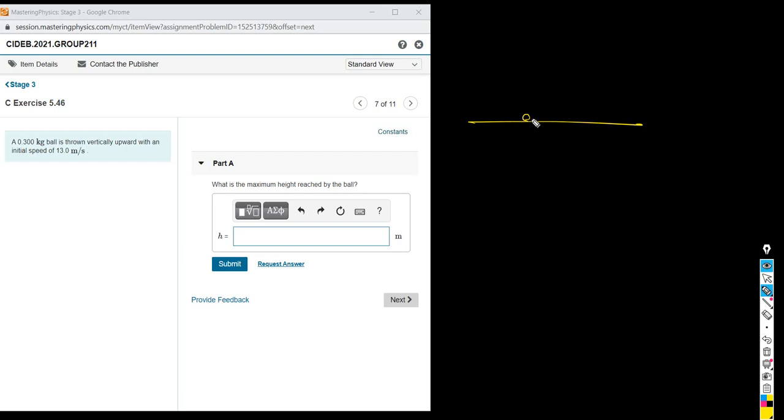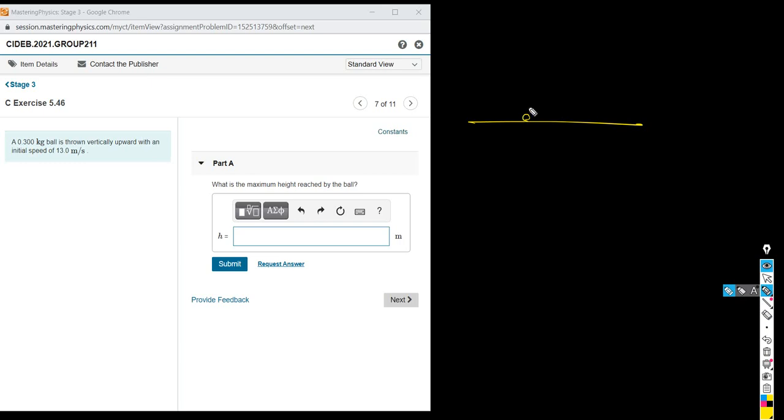Like the ball is right here, and somebody just, I don't know, kicks the ball upwards or something. In some way the ball is being thrown upwards by a foot or a hand. We don't care about that. We don't care about the way.